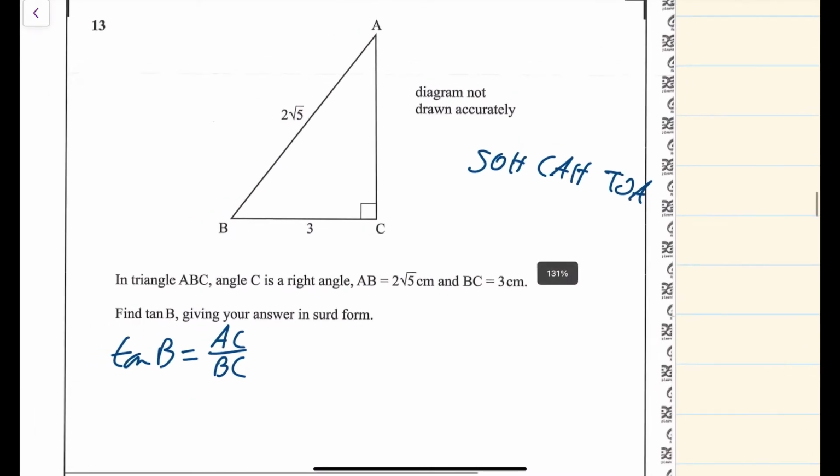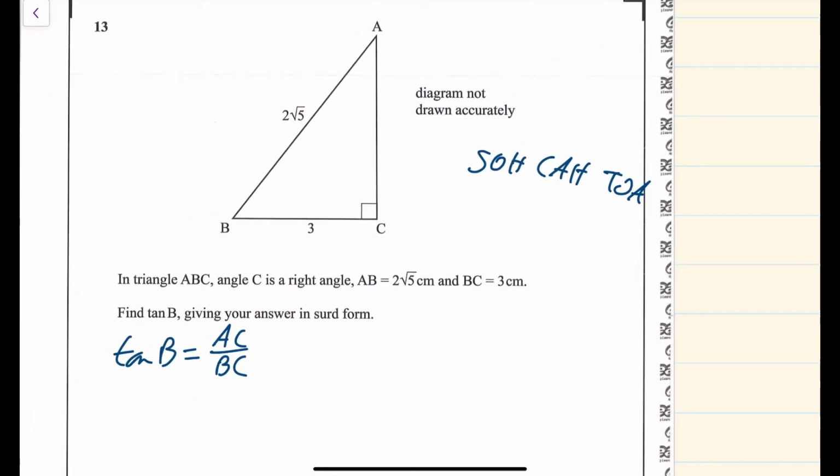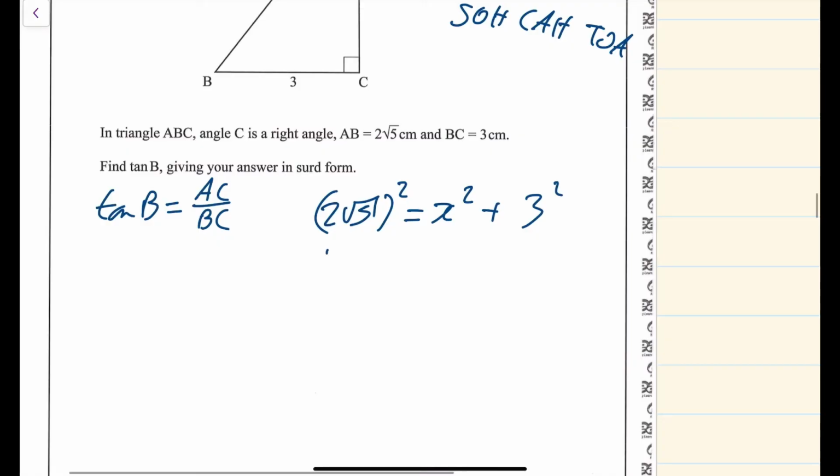To find the AC, we're going to use Pythagoras' theorem. So if I call that x, 2√5 squared equals x squared plus 3 squared. Square the 2, you get 4. Square the √5, you get 5. That is equal to x squared plus 9, since 3 squared is equal to 9. And that's 20, which is 4 times the 5.